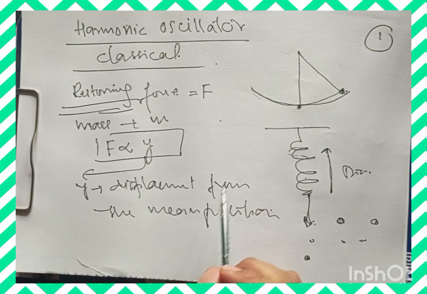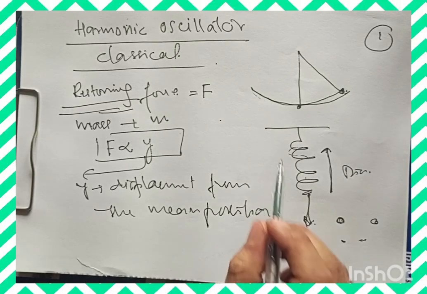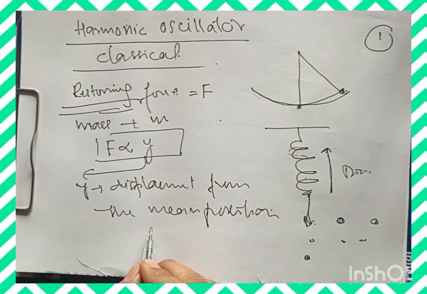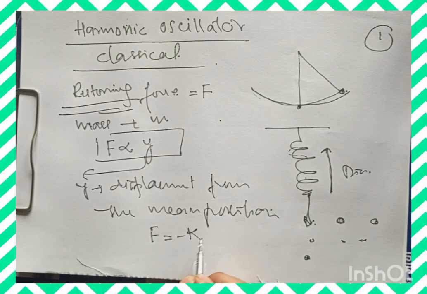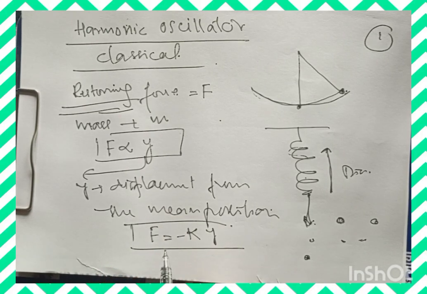And certainly the force acts in the opposite direction. So when it acts in the opposite direction, we write this as F is equal to negative k times y, and this k here is called the spring constant. And this relationship is customarily known as Hooke's law.